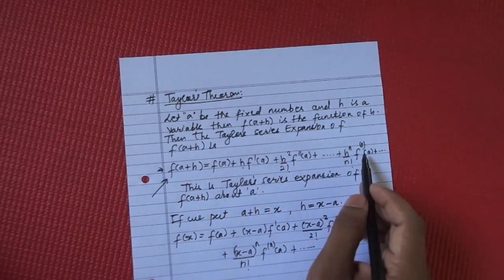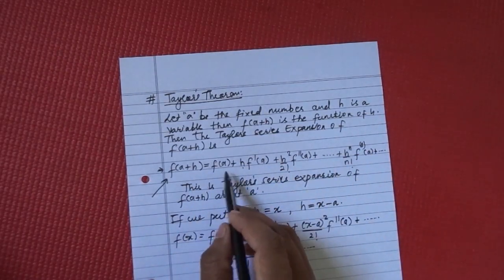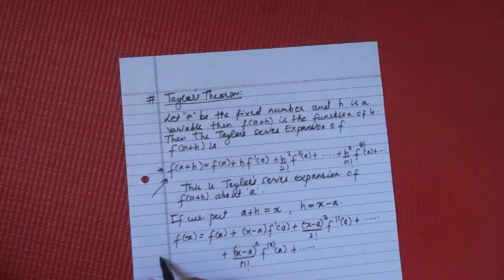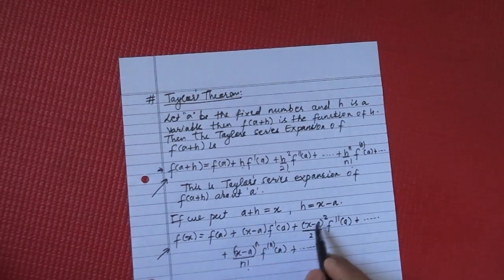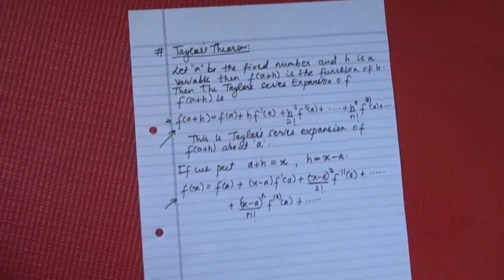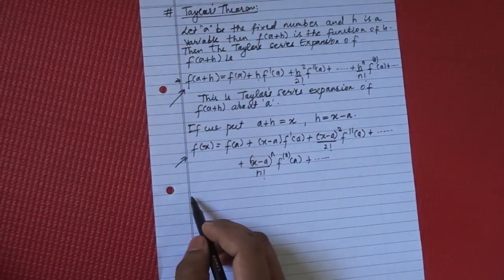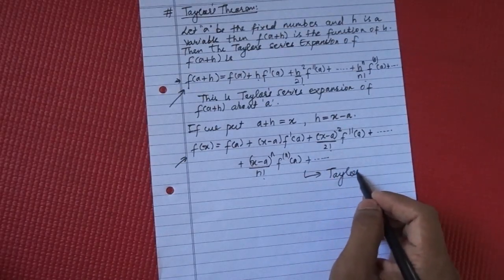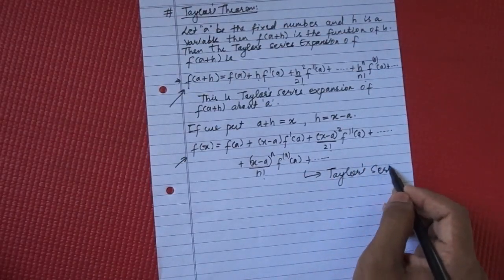So this is expansion of f in variable h, whereas this is the expansion of same function f in the power of x minus a whole square, x minus a raised to n. Now, so this is the Taylor series.